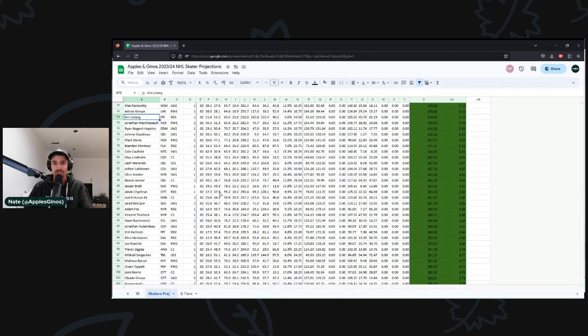Otherwise, you have to kind of stitch together various projections and evaluate multiple different sources. Maybe that's something that you want to do, but a lot of times I think people just don't have time for that. So they're looking for kind of a single source to get all of these categories that they need for their leagues.